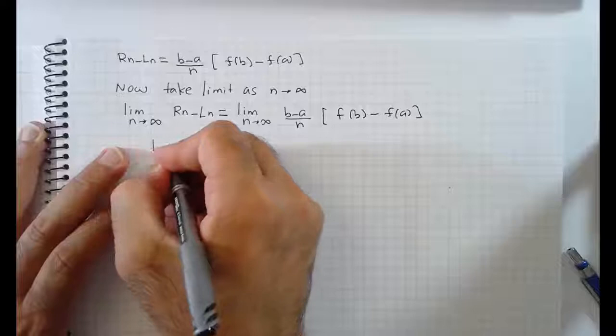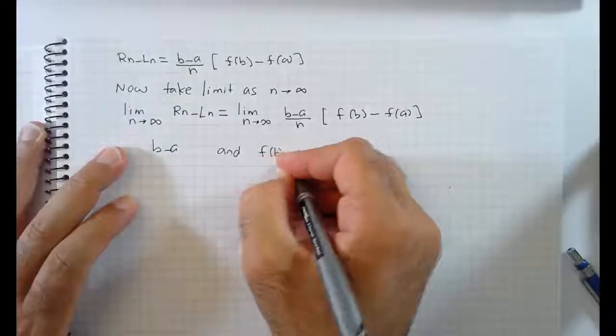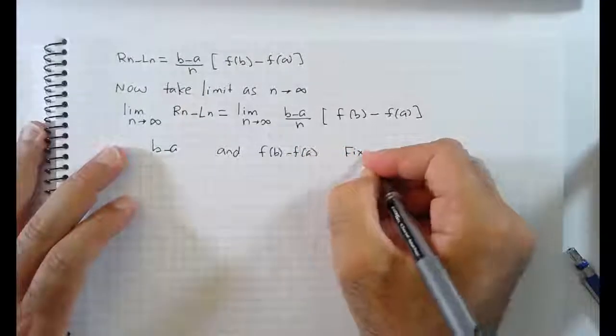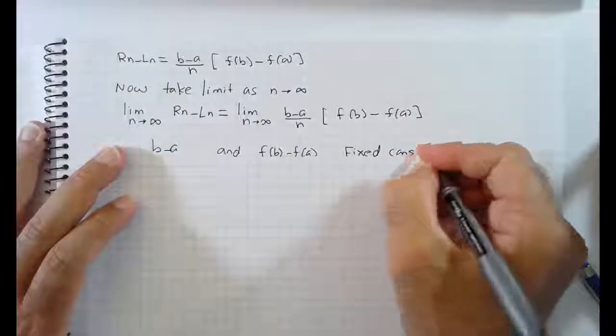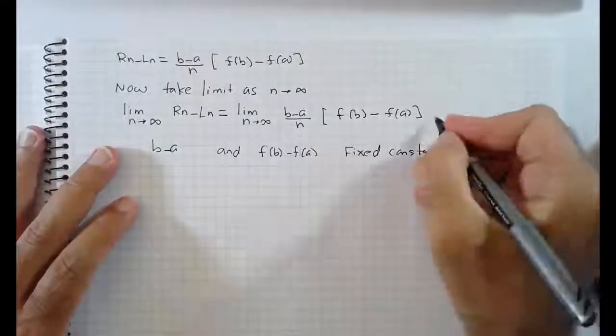But b minus a and f of b minus f of a are fixed constants. That means when we take the limit as n goes to infinity, this limit will approach 0.